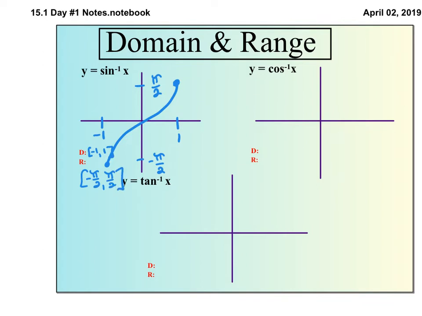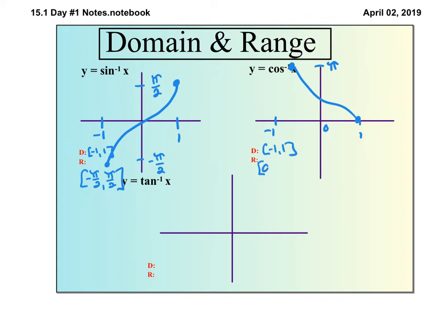Okay. Cosine, once again, -1 to 1. If you remember, cosine was restricted from 0 to pi. So when I graph this one, it looks somewhat like that. Kind of a terrible drawing. Domain is from -1 to 1.